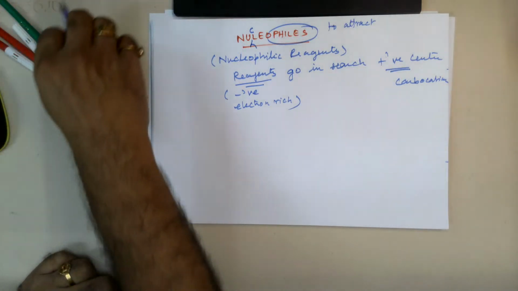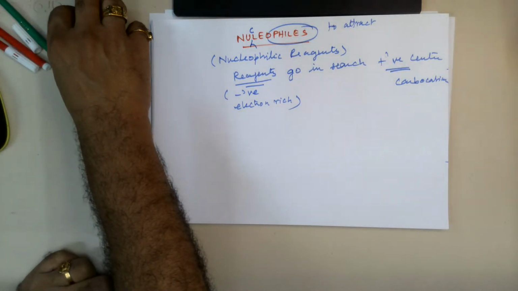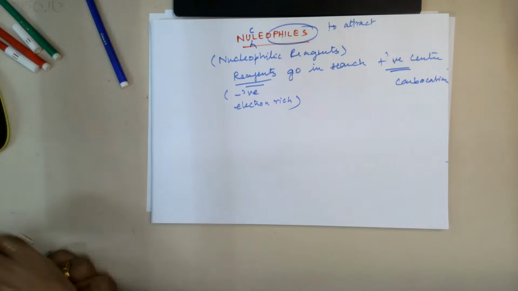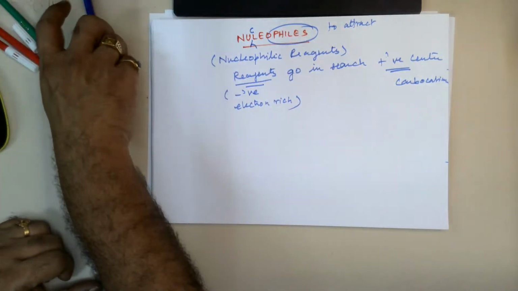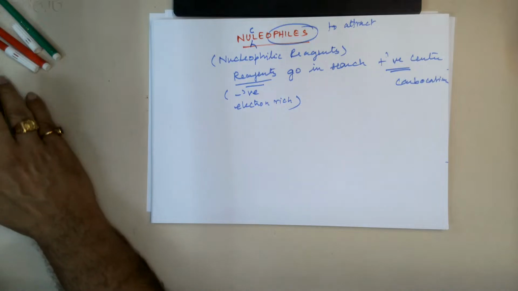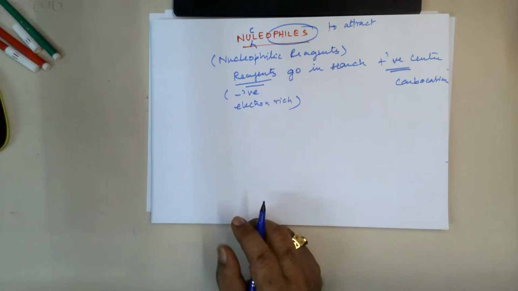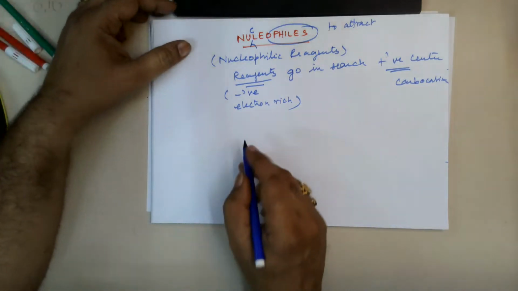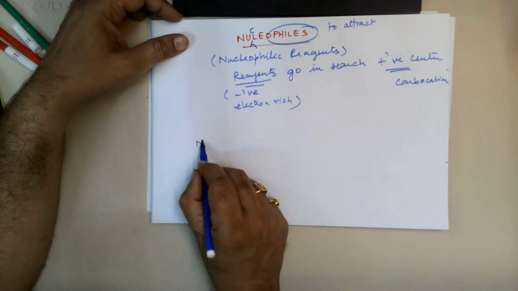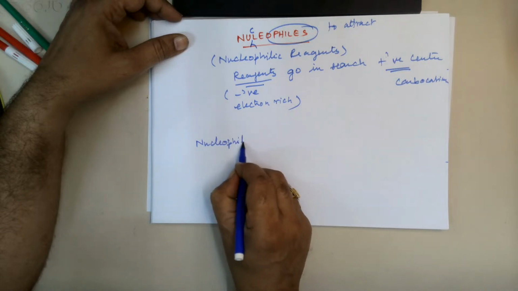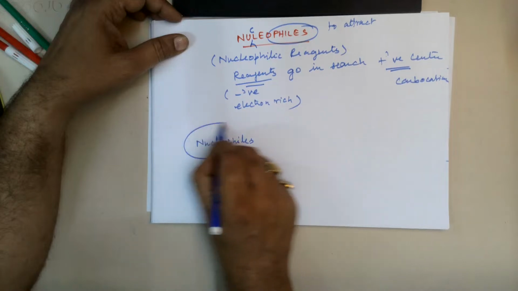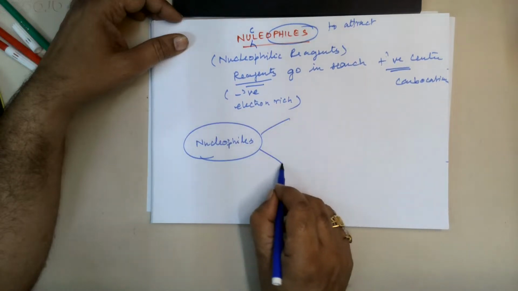Now let me explain different types of nucleophiles. They are all electron rich, they are negative. Nucleophiles can be classified into two types.